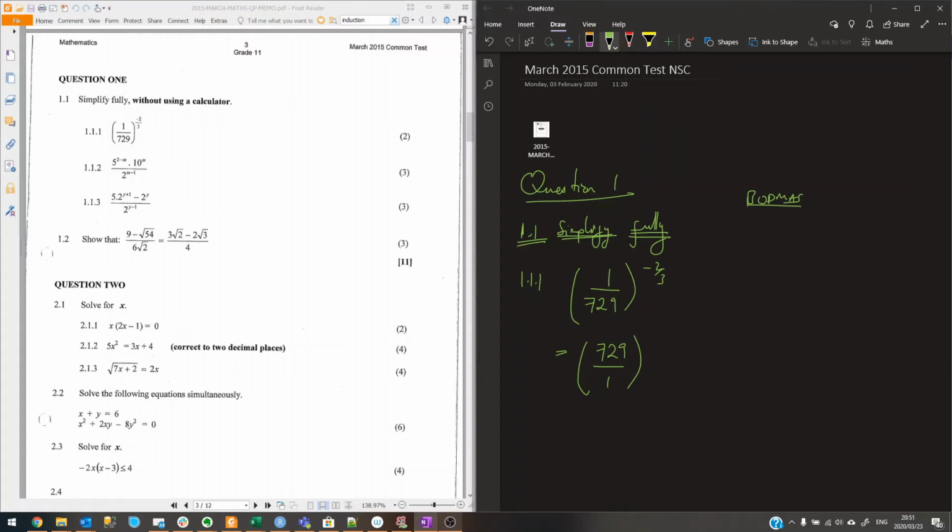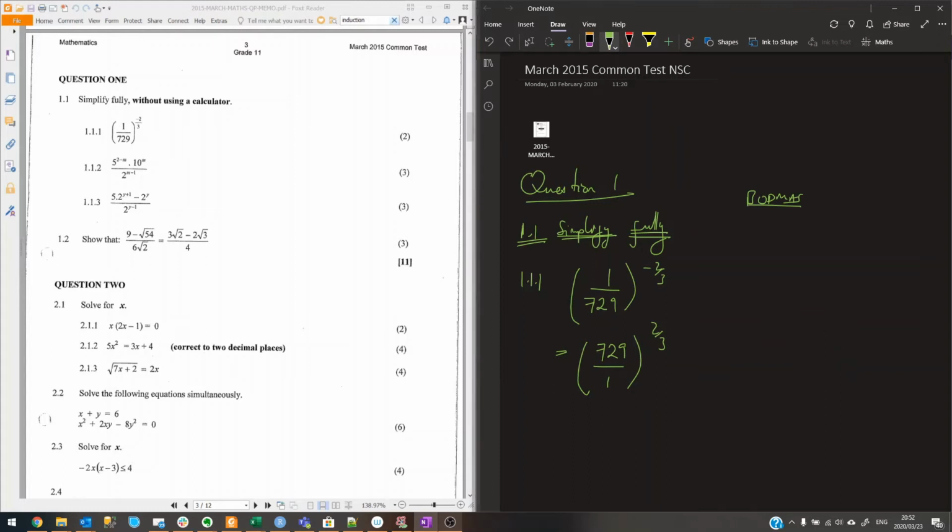So this negative, we take the reciprocal here, 2 over 3. Make sense? If you had a raised to minus 1, you write that as 1 over a. If you had a raised to minus x, you have 1 over a raised to x. That's how we deal with negative exponents.